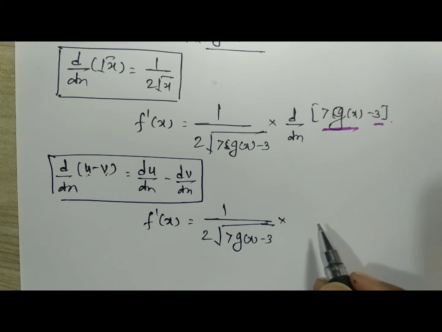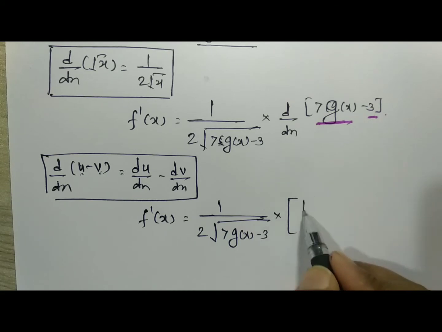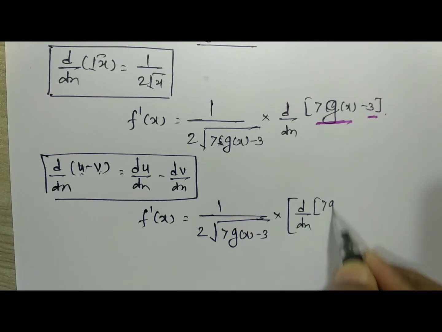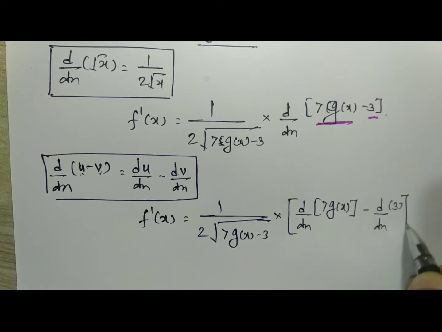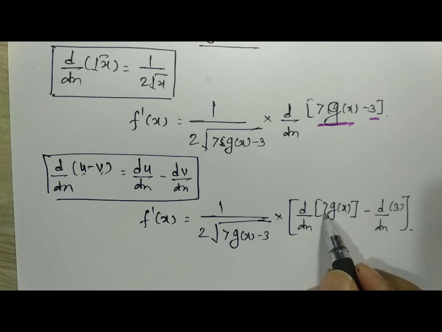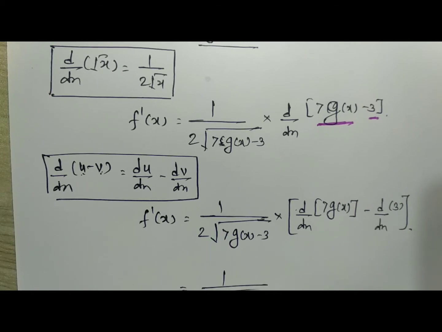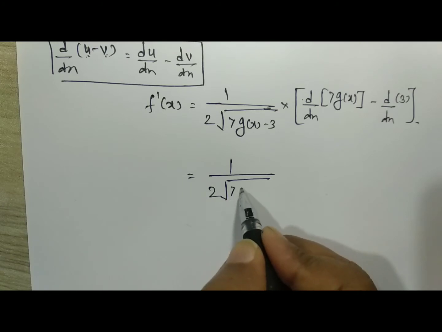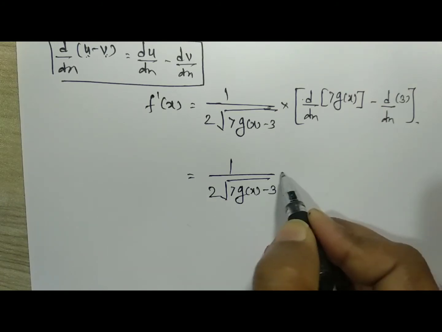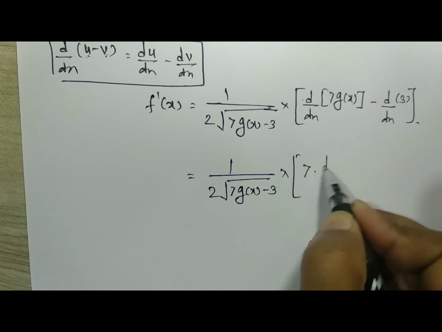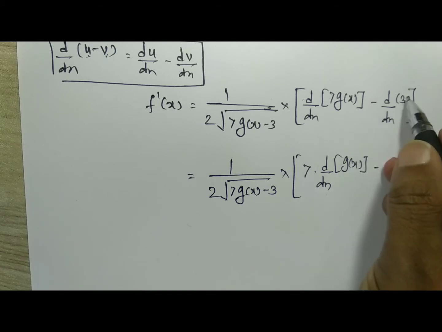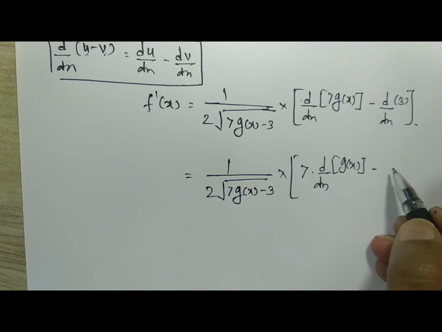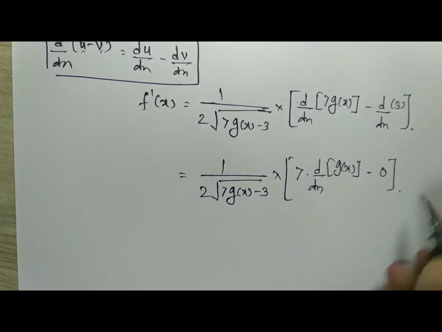into the derivative d dx of 7g of x minus the derivative of 3. Now 7 is a constant, and therefore take it outside the derivative. You will get 1 divided by 2 root of 7g of x minus 3 into 7 into d dx of g of x, minus the derivative of 3. 3 is a constant here, and therefore the derivative of 3 is 0.